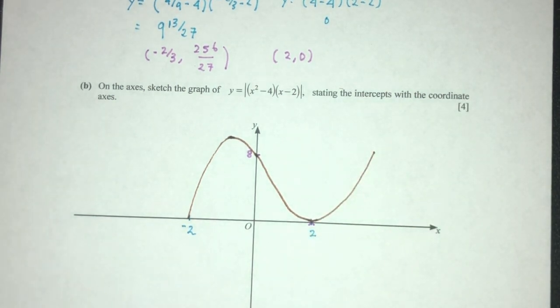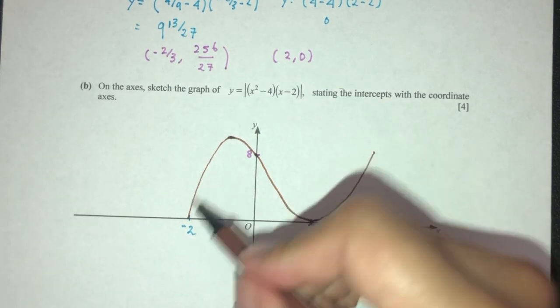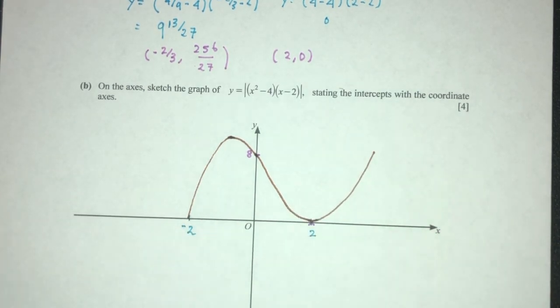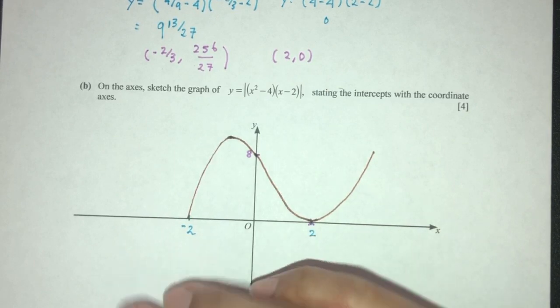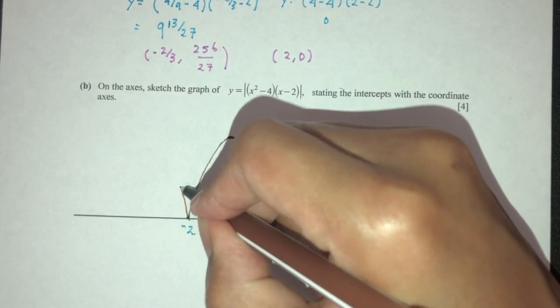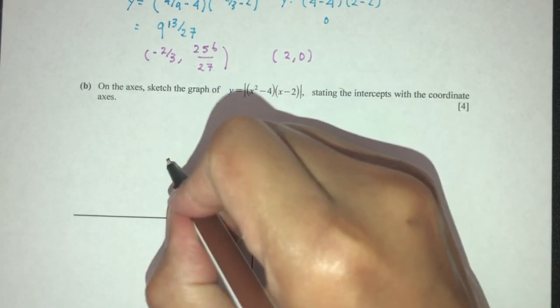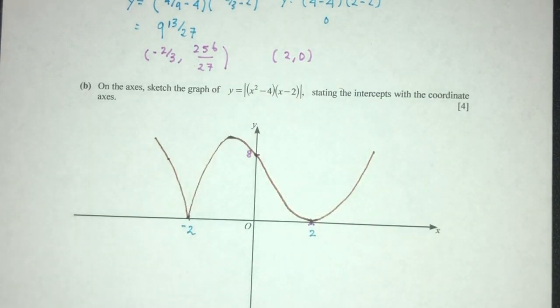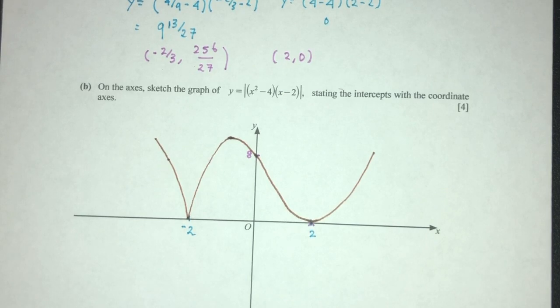Now for this one here, usually this will keep going down, obviously, but we understand that modulus means everything down will be up, so it will be reflected upwards like this, and then keep going on as you go. So that will be the modulus graph of this one. Okay, if that makes sense.